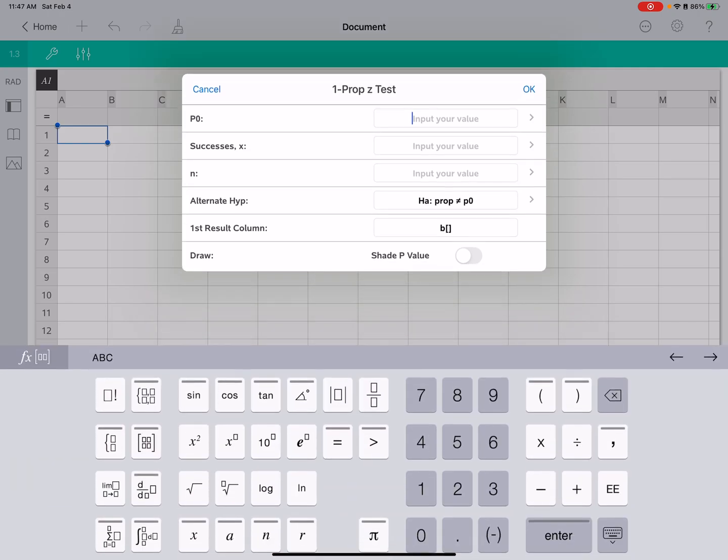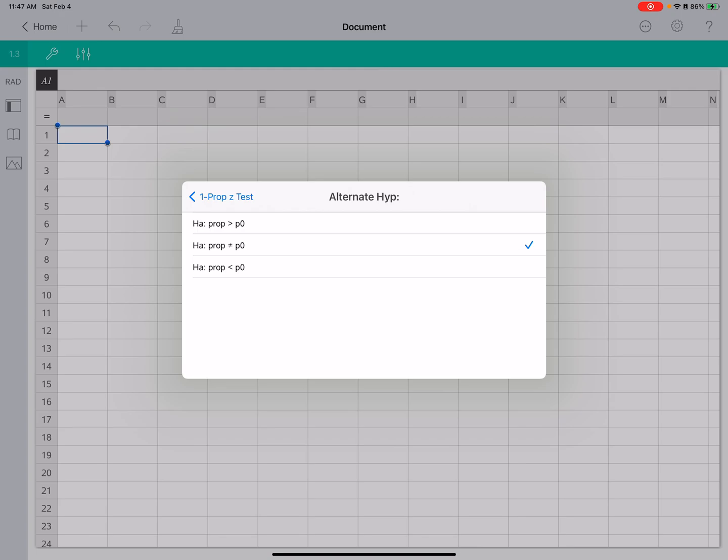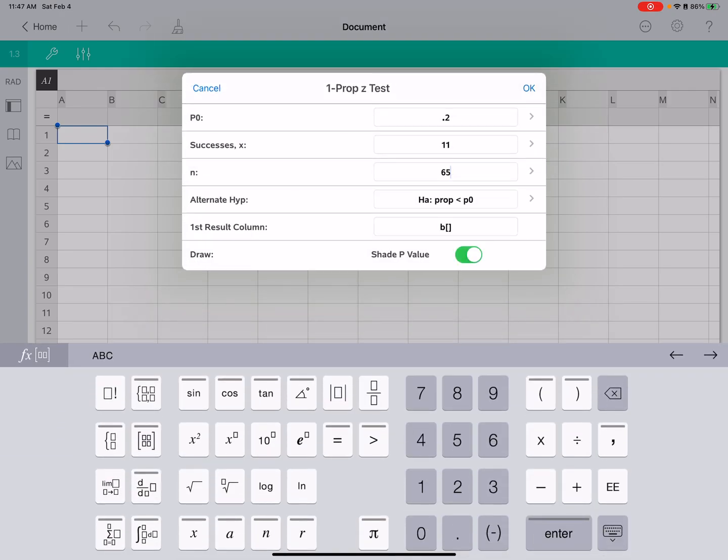So I'm going to do P0, that's the null hypothesis because it's H0. P0 is just your null hypothesis, which is 0.2. The successes that we have is 11 and n is 65. And then my alternative hypothesis is less than, because that's what we were testing, and then I can hit draw.